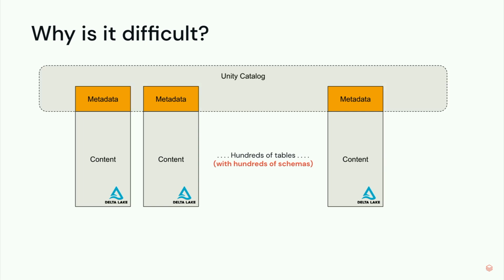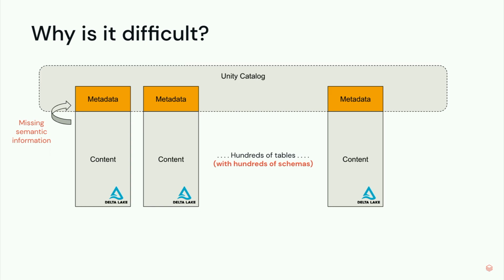Luckily, we have Unity Catalog. Unity Catalog ties all of this together and gives you access to the metadata, so you can search in your metadata and have an overview of everything that you have in your lakehouse. But the metadata might not represent 100% what you have in your content.